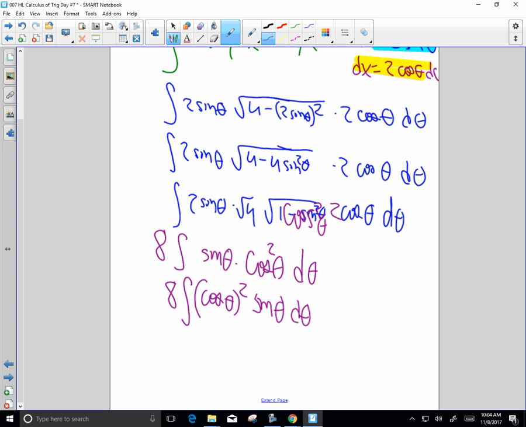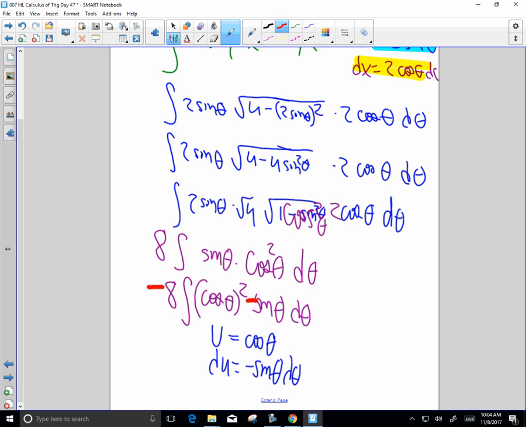Now, do you think it's obvious what you want to choose for u sub? Yeah. Cosine theta. Derivative of cosine is what? Yeah. Yep. Do you have the negative? No, but you're going to put it in there.